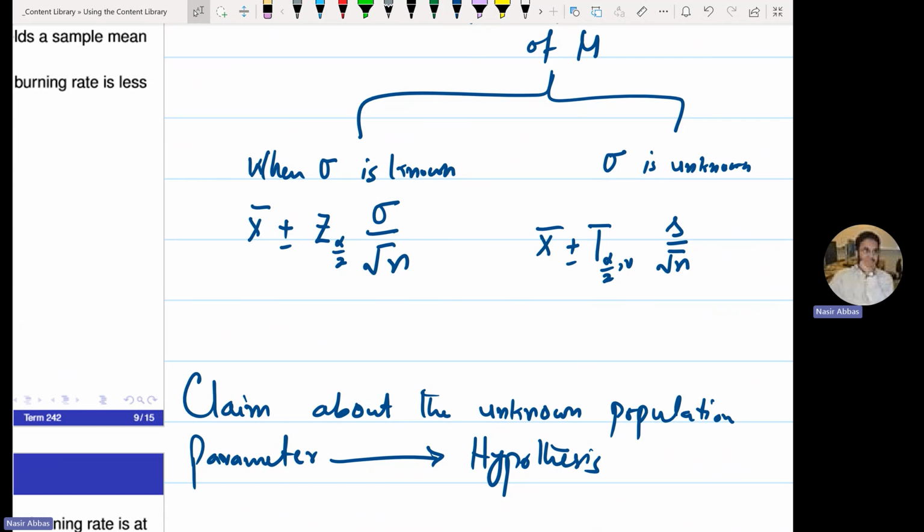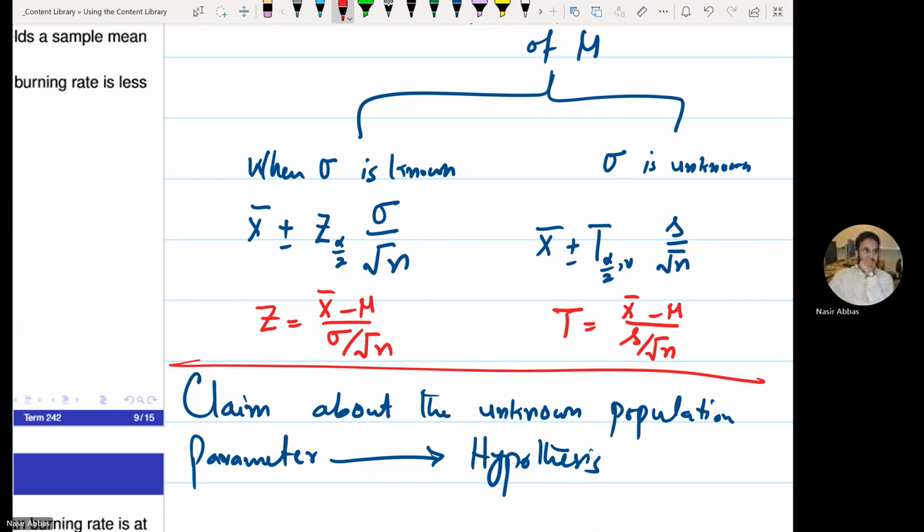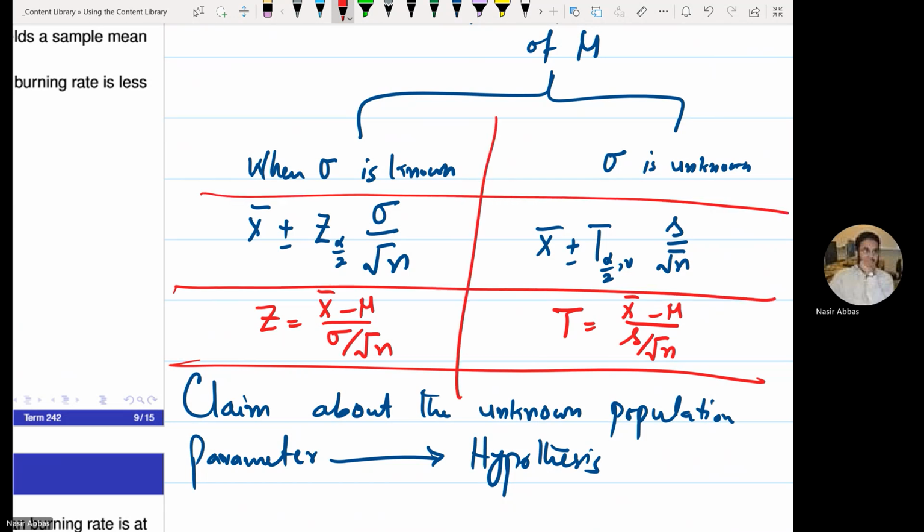If you are interested in hypothesis testing, you use these formulas. Because our sigma is known, we'll be testing that hypothesis using Z or T.